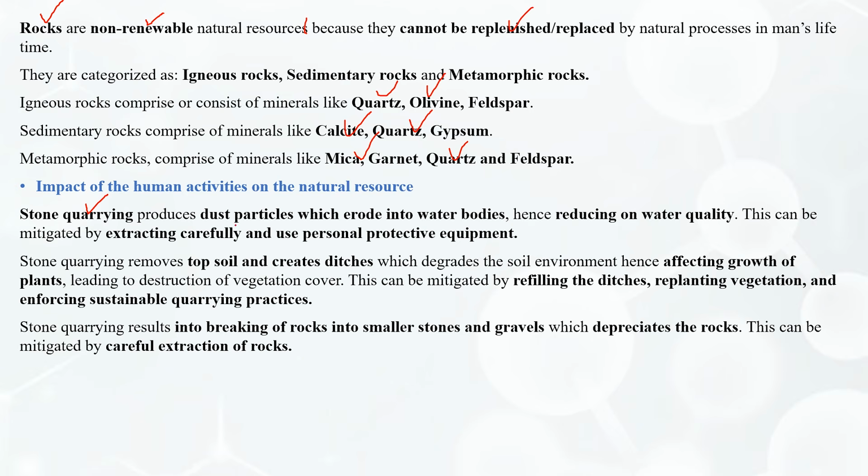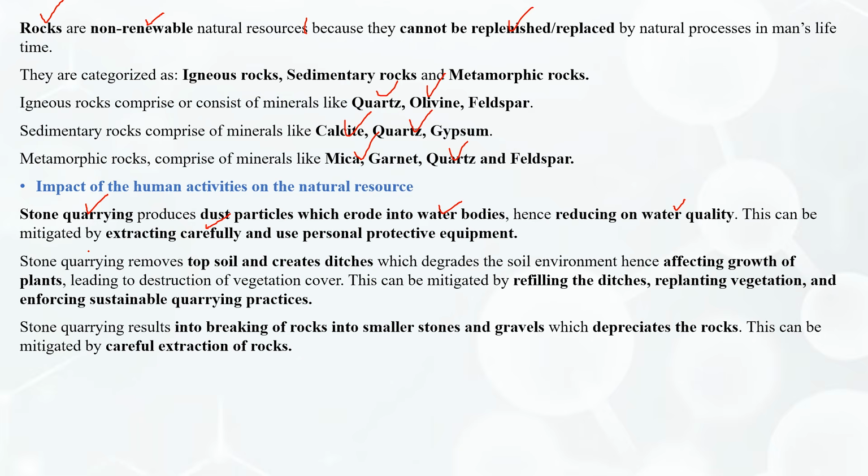So stone quarrying produces dust. We're explaining how it produces dust particles which erode into water bodies, hence reducing water quality. This can be mitigated by extracting carefully. This is the mitigation, a point which is simple and simplified.